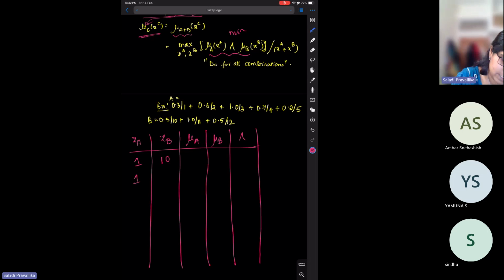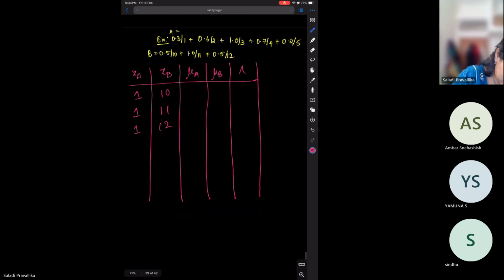Then x equal to 1 from A and 11 from B. Again 1 from A and 12 from B. And then 2 with 10, 11, 12.